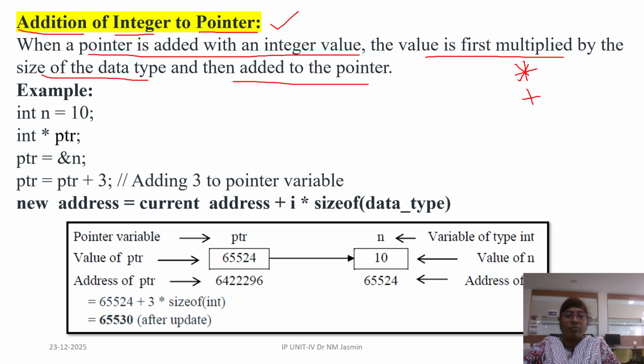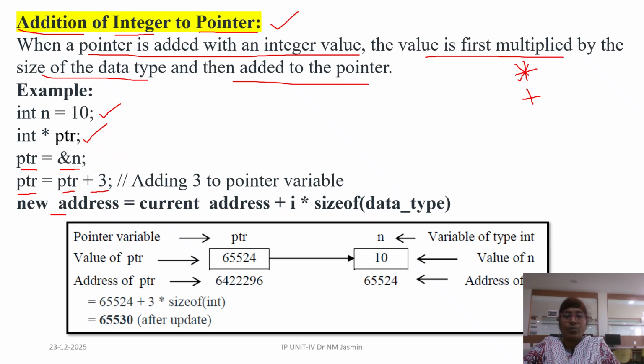Now take the same example. Int n is equal to 10, declare the pointer, and this pointer is holding the address of this variable, and now the pointer is simply added with an integer 3.